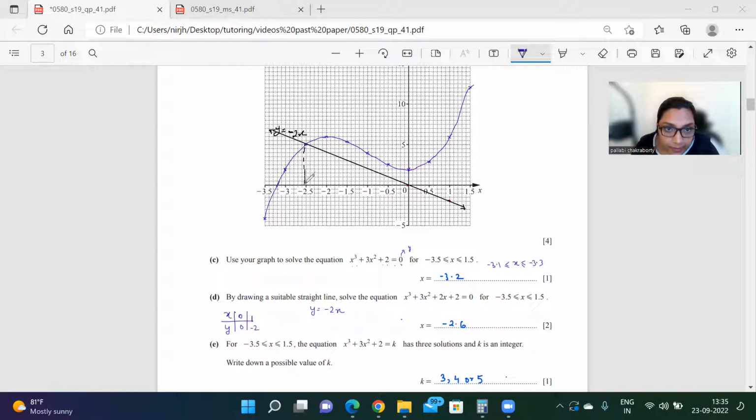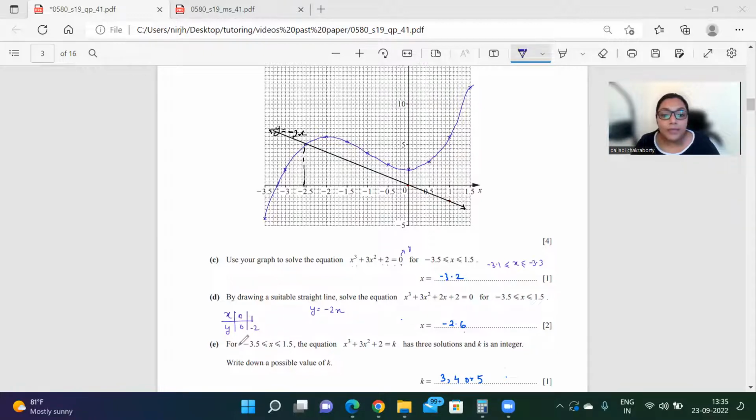The x value lies not exactly at minus 2.5, but minus 2.6. So you have to find the value for x, right? So x becomes minus 2.6. That is the answer and you get your 2 points. If you draw the line and then mark the point, you get your 2 points, right?